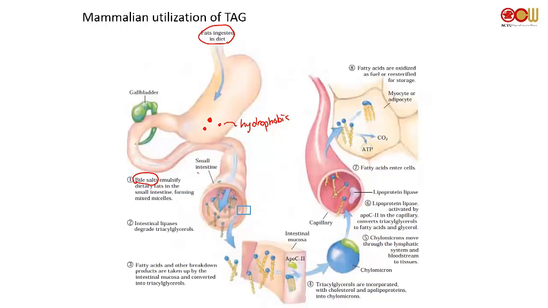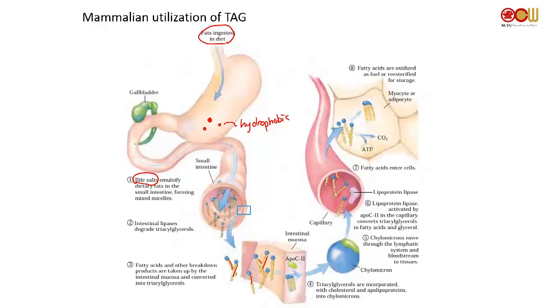And once it becomes hydrophilic, you can have enzymes doing reactions on it. So you'll break the triacylglycerides into individual fatty acids in your small intestine, 小肠.